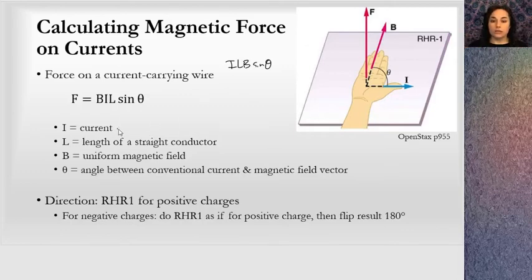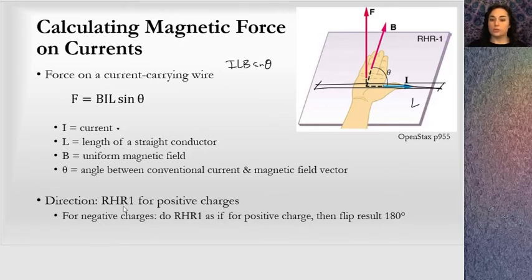There's a current going through that, and there's usually a wire of some sort that you would align your thumb along. There is a length of that conductor. So in this situation, you would be given some length of that wire, and that's what L means in this equation.